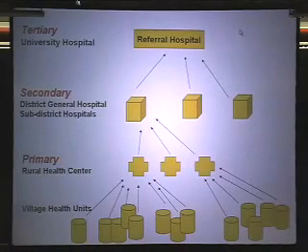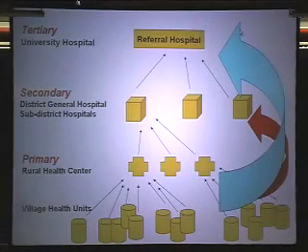And how do they vote? They either try and access care in the upper end of the health system, which means that from a rural village, you will try and go to the district headquarter hospital.